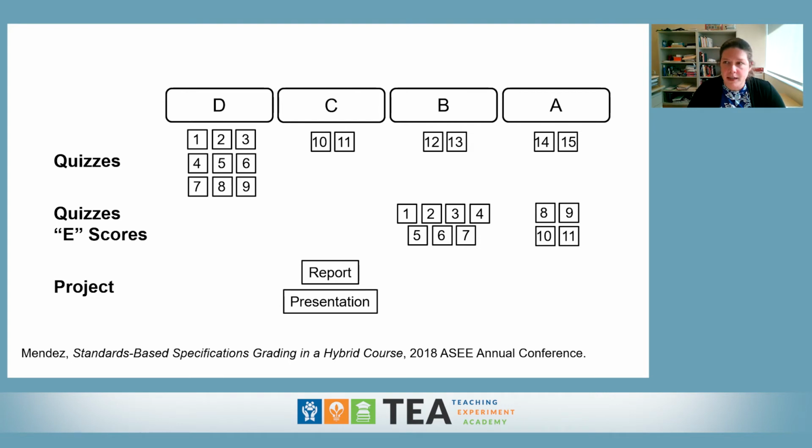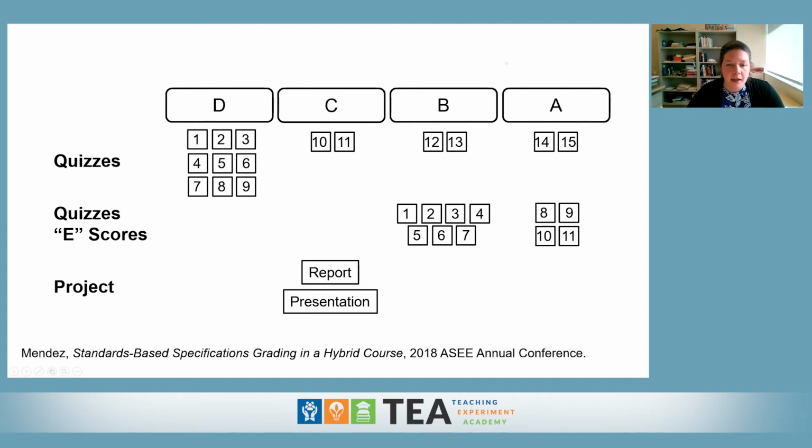I did not have the core learning target requirement this time, so they just had to pass any 11 quizzes to get a C, but I was still using the 4-level EM/RN rubric, so there was still a requirement for a certain number of E scores to get a B or higher. And then we still had a report and a presentation. I believe they just had to pass those. Okay.